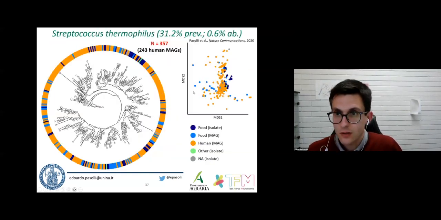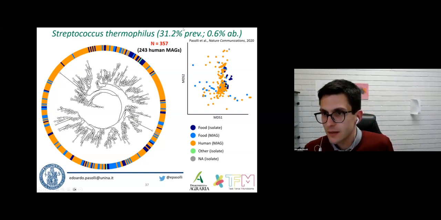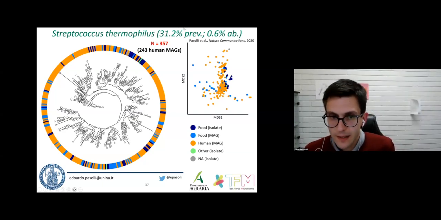At this point, it's also important and relevant to perform a more in-depth analysis of specific species, doing comparative genomic analysis. This is just an example. This is the case of Streptococcus thermophilus, which we found very prevalent in the human gut.